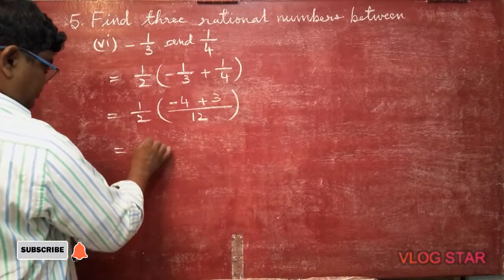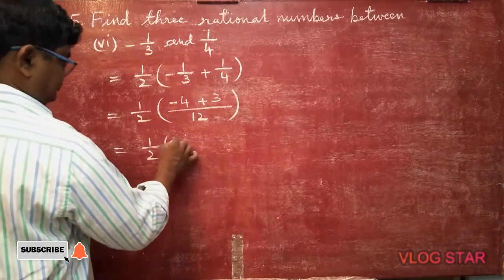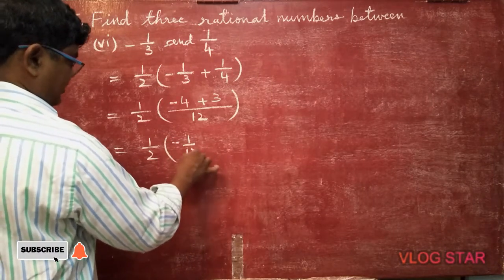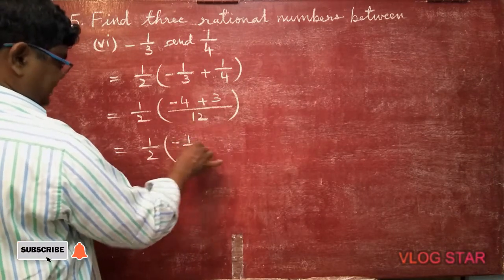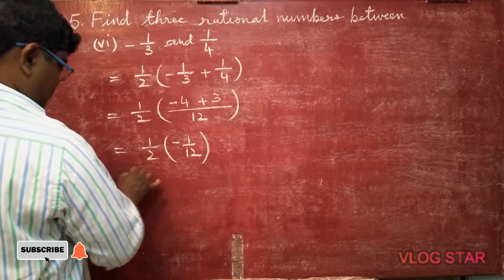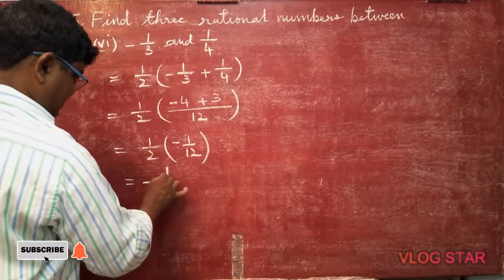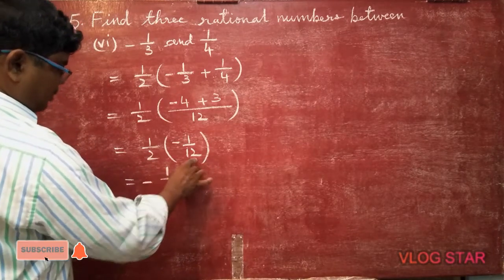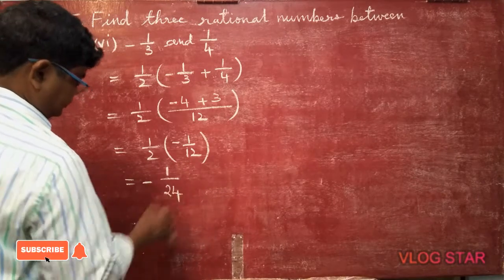That is equal to 1 by 2 into minus 1 by 12, because minus 4 plus 3 is minus 1 by 12. Plus into minus, minus 1 1s are 1, 2 12s are 24.